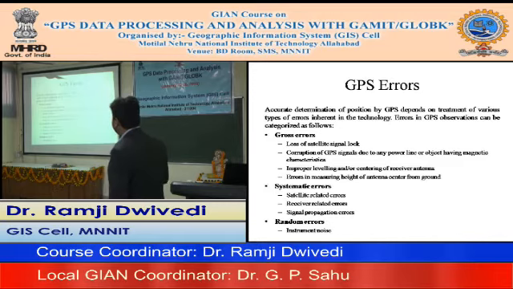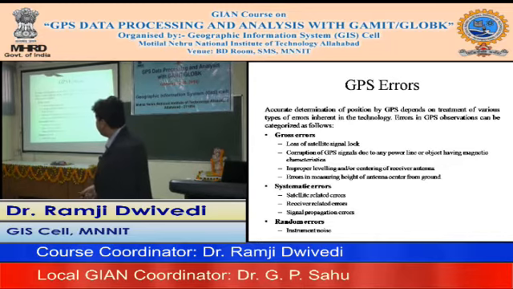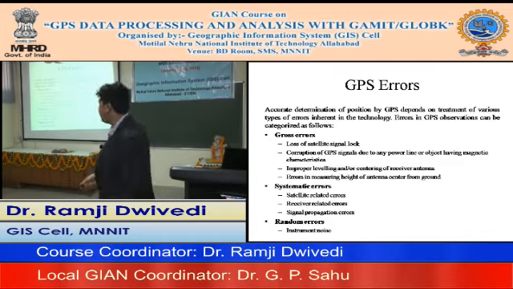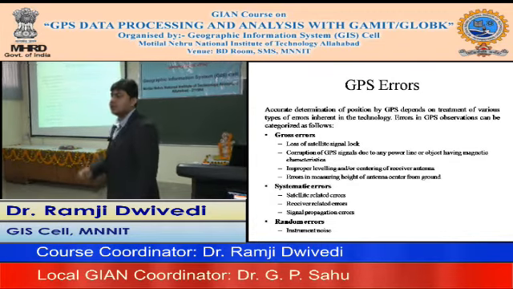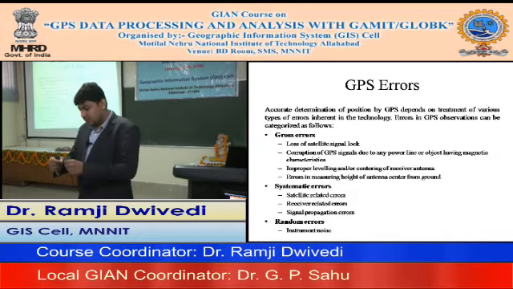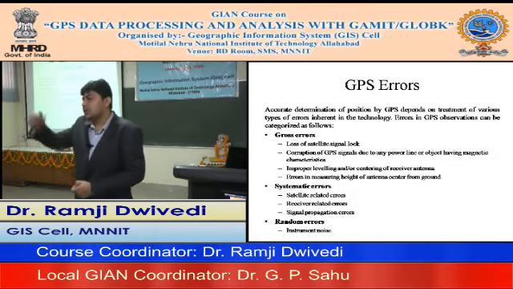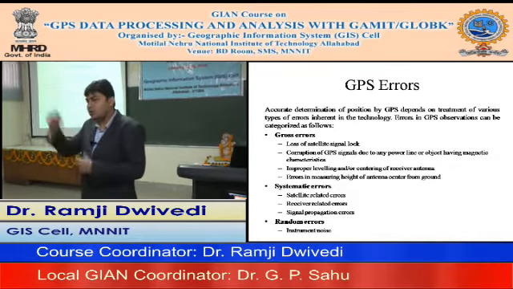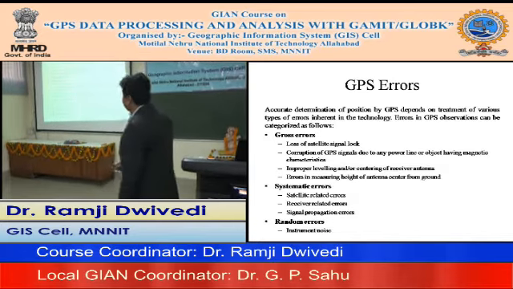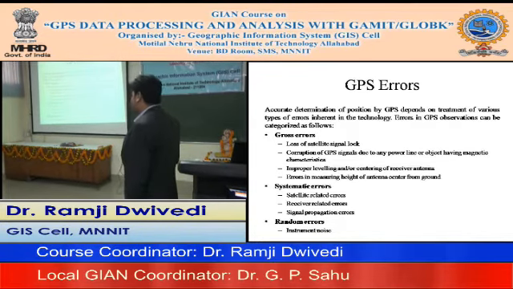First we see the errors in GPS observations, which can be categorized as gross, systematic and random errors. Obviously there is loss of satellite signal lock, whether a cycle slip, the point where the cycle slip occurs, and the moment it occurs, the carrier phase observable you plot goes out of sync. Then there is corruption of the GPS signal due to power lines or objects having magnetic characteristics, and improper leveling or centering of the receiver antenna.